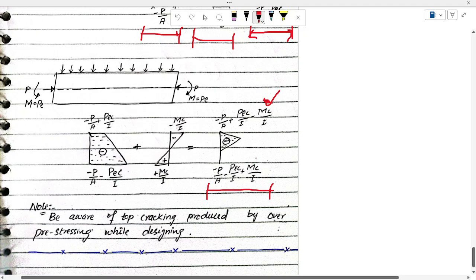So here are the final equations. These are the two types of pre-stressing. Let me explain it with my other notes.